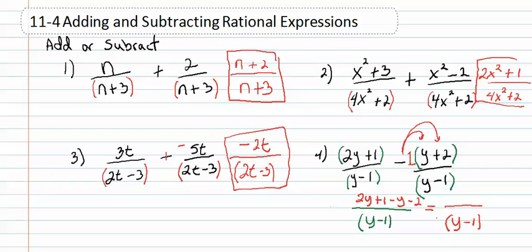Now at the top, we have a 2y and a negative 1y, so that gives me 1y, because 2 minus 1 is 1. And I have a 1 and a negative 2, so that gives me a negative 1. Again, these are quantities, so now I can cancel these two quantities. We have a 1 over 1, which is 1, so that's my answer for number 4.